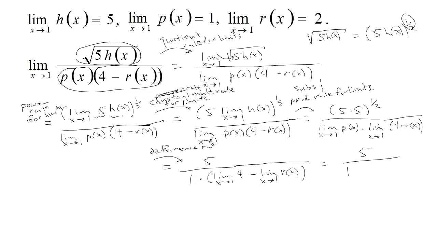So difference rule for limits. The limit as x tends to 1 of 4? Well, 4 is always 4. It doesn't care what x is, so that limit's going to be 4. And the limit as x tends to 1 of r of x, we're told that limit was 2. So just put those in, and a little bit of arithmetic: 4 minus 2 is 2. We get the limit as 5/2.